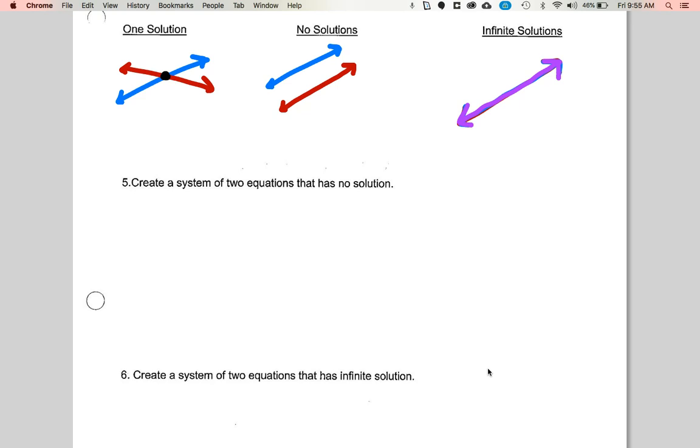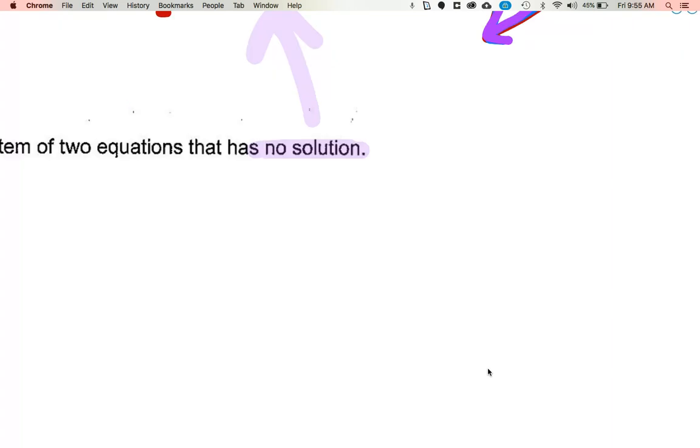Because number 5 and 6, it's actually asking you now to create something that has no solution. Meaning, write me two equations that are parallel. Any two.